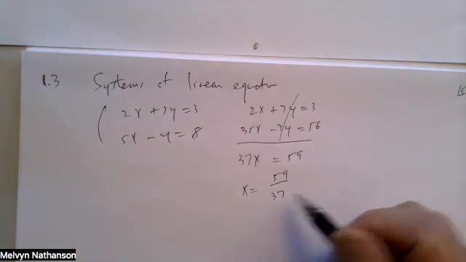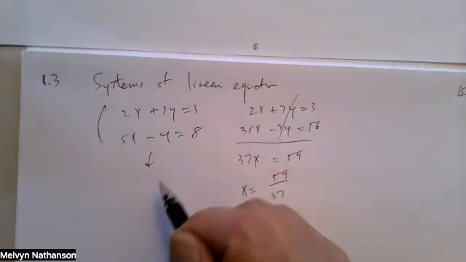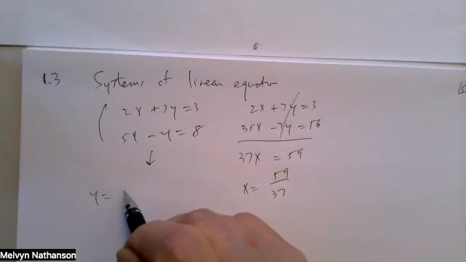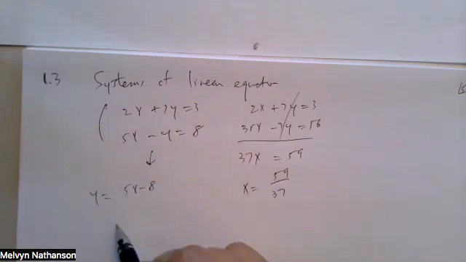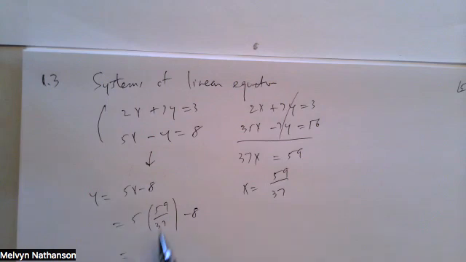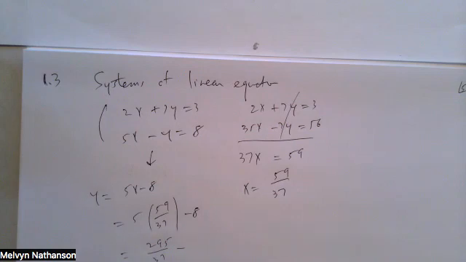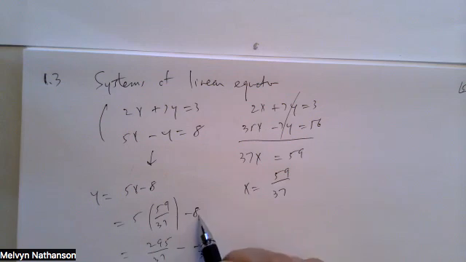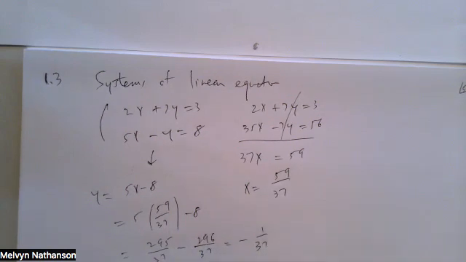And if x is 59 over 37, from this equation, y is equal to 5x minus 8. So that's 5 times 59 over 37 minus 8, which is what? I don't know. Let's see. 5 times 59 is 295, I think, over 37 minus 8. If you write 8 with the denominator 37, 8 times 37, 8 sevens are 56, 8 threes are 24, 296. Huh. Maybe this is minus 1 over 37.